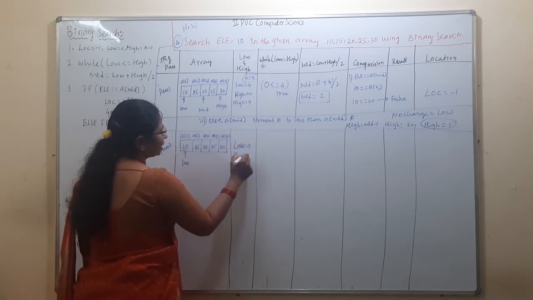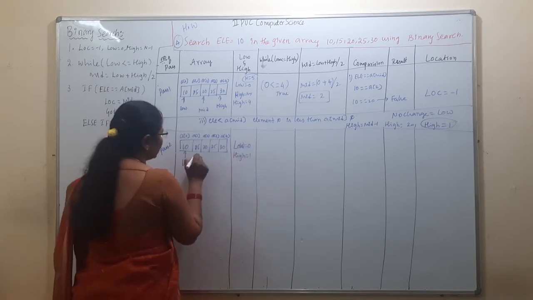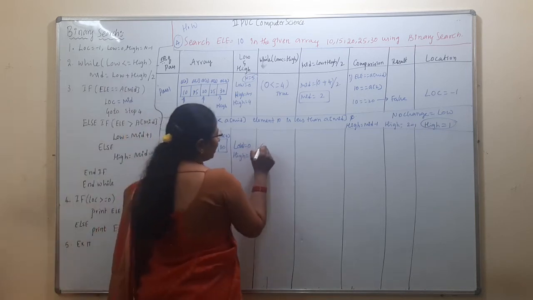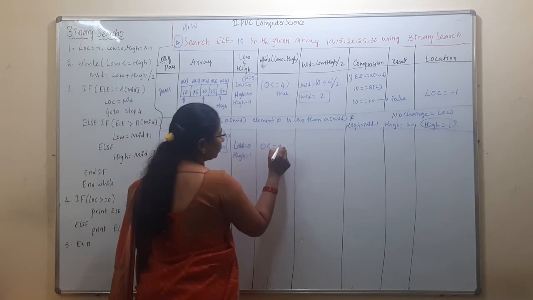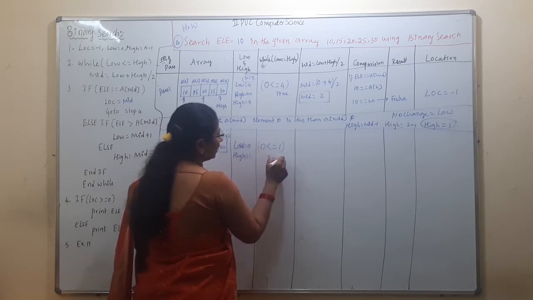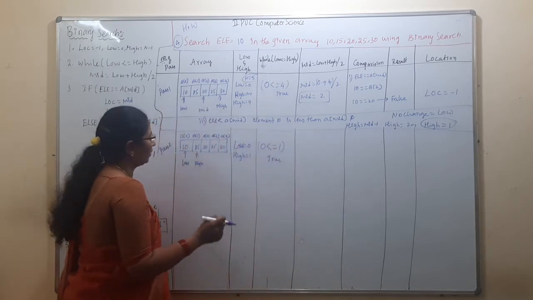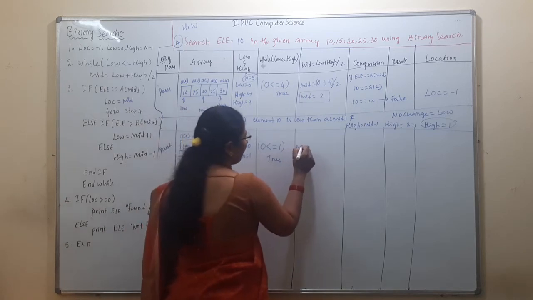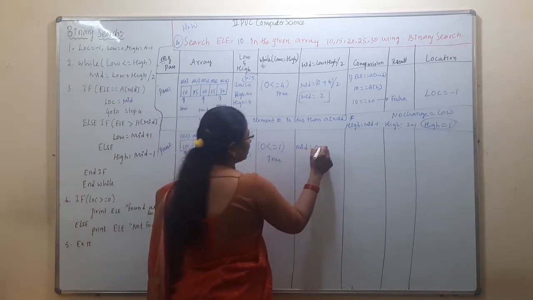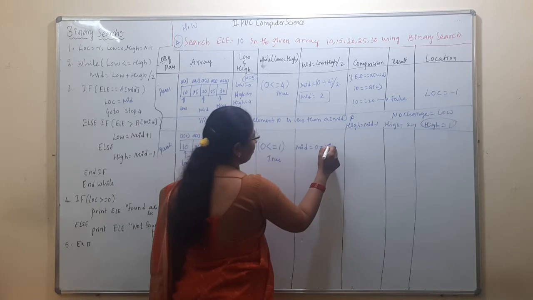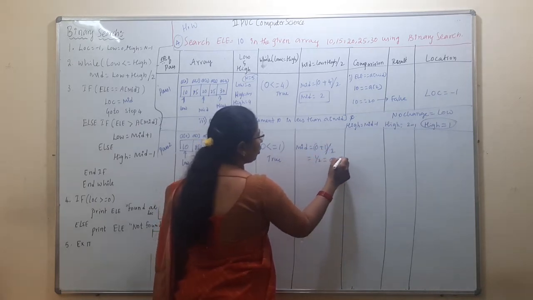There is a change in the high pointer, now high is 1. Is low less than or equal to high? Yes, the while condition is true. Then find the mid value. Mid equal to (0 plus 1) divided by 2. You will get 1 by 2, that is 0.5.